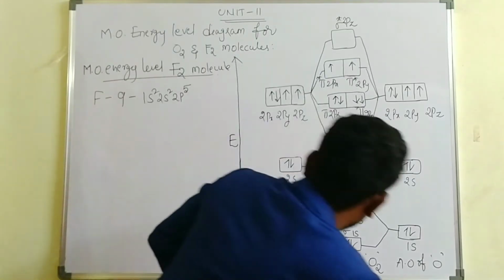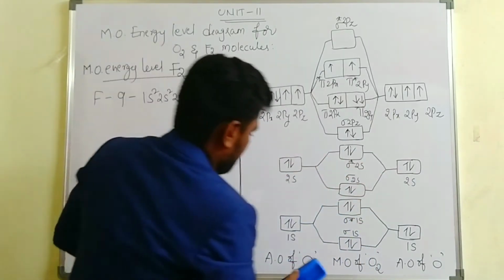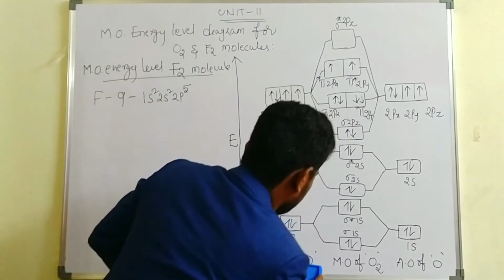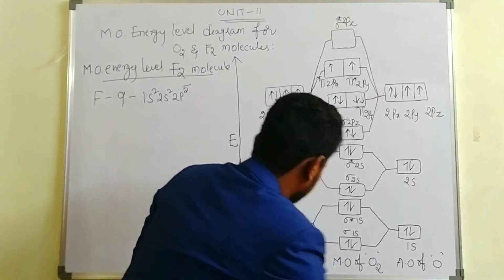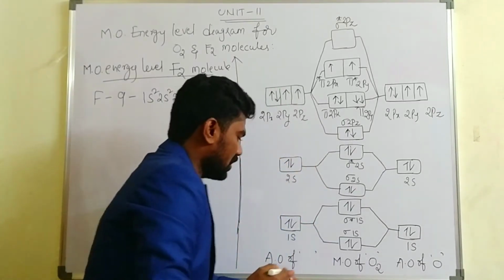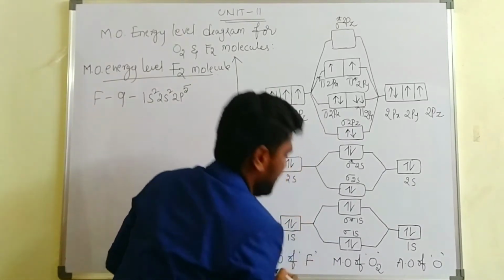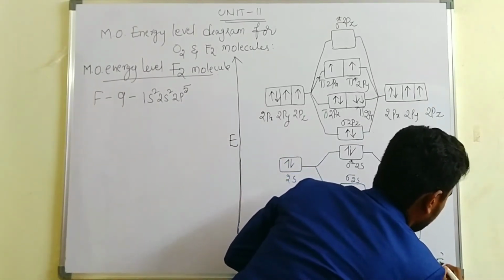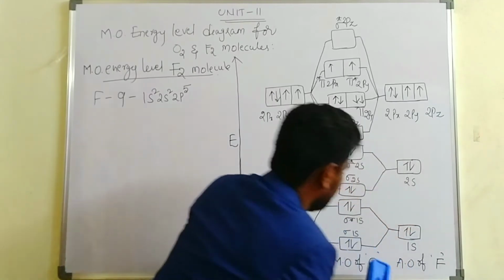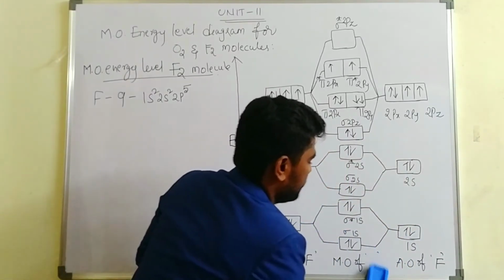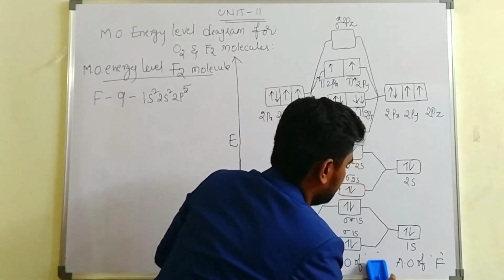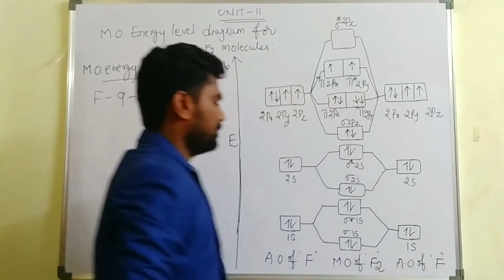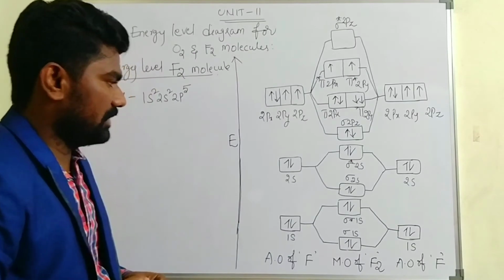So coming to the MO diagram for the fluorine molecule, I am going to take the atomic orbitals of fluorine on the left side as well as the right side, and also the molecular orbitals of the F2 molecule. Here we are going to construct the molecular orbitals of the F2 molecule.